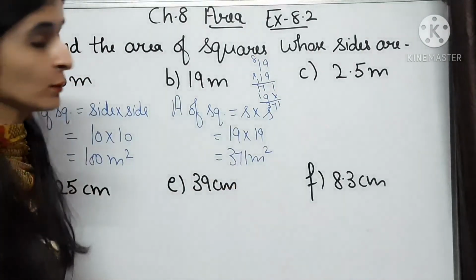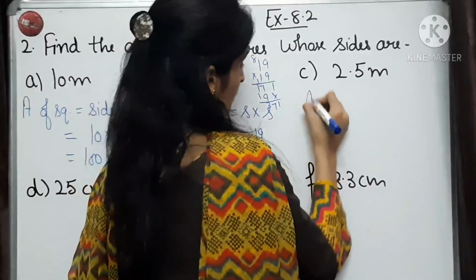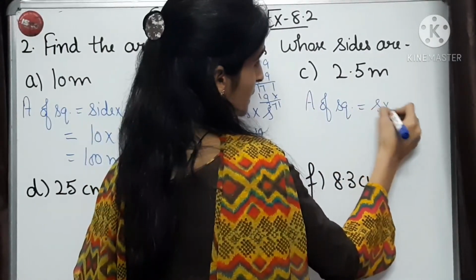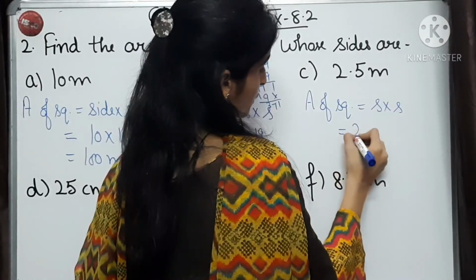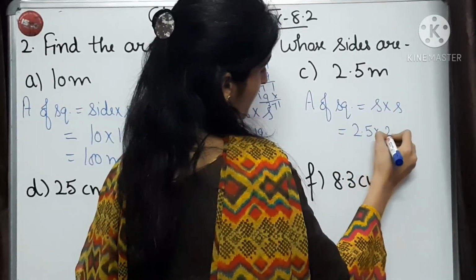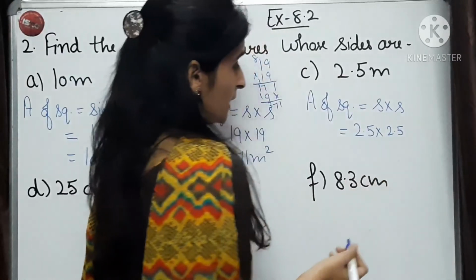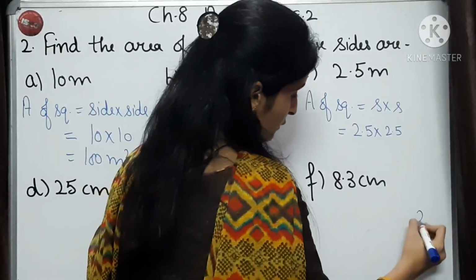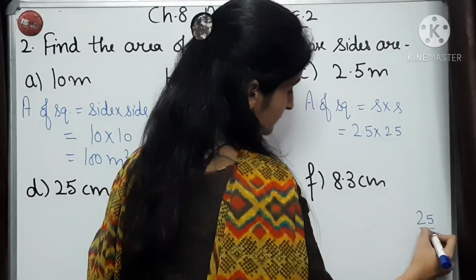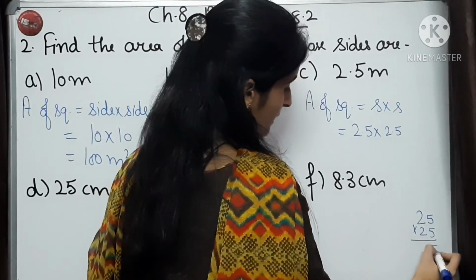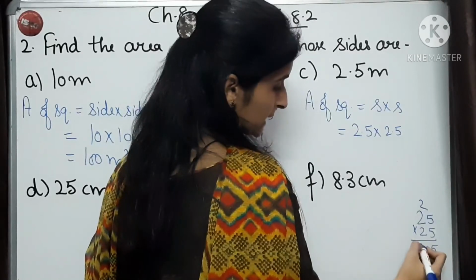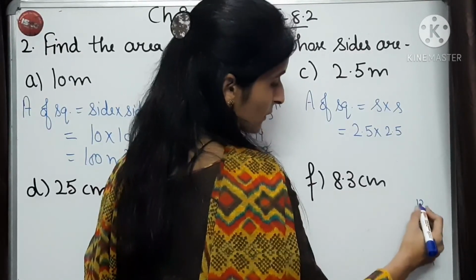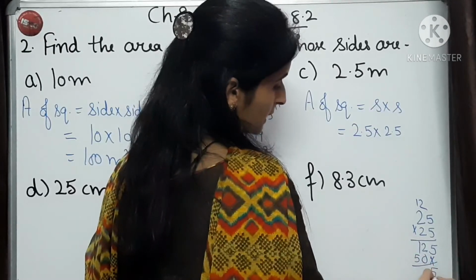Then let's come to C part. So area of square will be side multiplied by side. So 2.5 multiplied by 2.5. So here we have to multiply 25 by 25. So I am going to multiply here. 5 5s are 25. 5 2s are 10. 10 plus 2 is 12. 2 5s are 10. 2 2s are 4 and 1 is 5. 5, 2, 6.